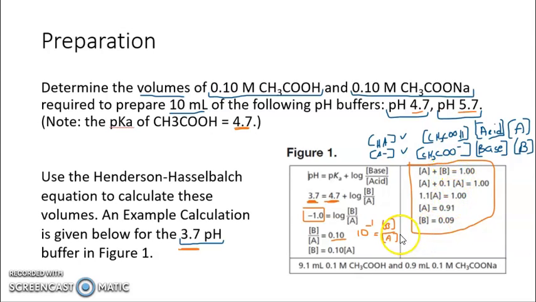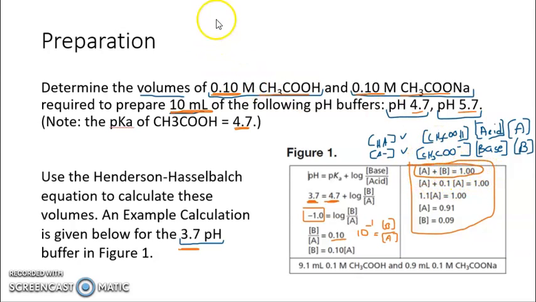So I'm going to take a second to explain this. In the case where we know the volume we're making, or if we assume there's a fixed volume, and the buffer is made by two solutions of the same concentration, 0.1, containing the same counterion, acetate, then you can use this simplifying assumption of A plus B equals 1.